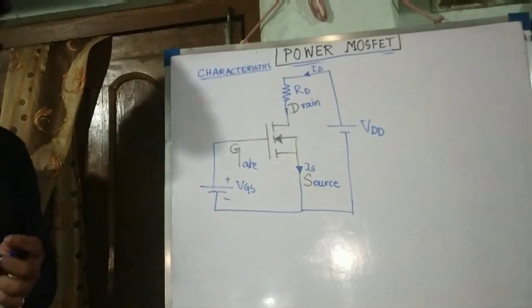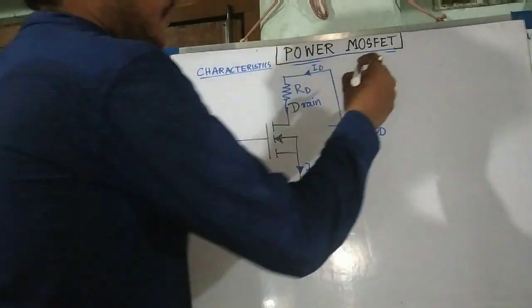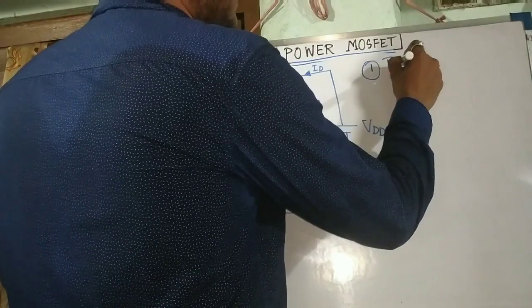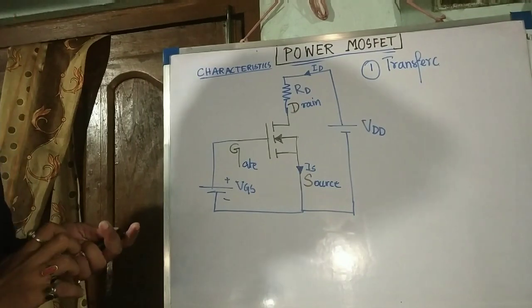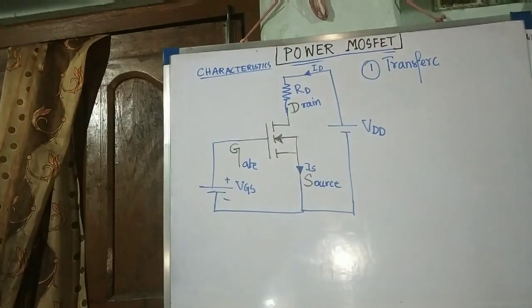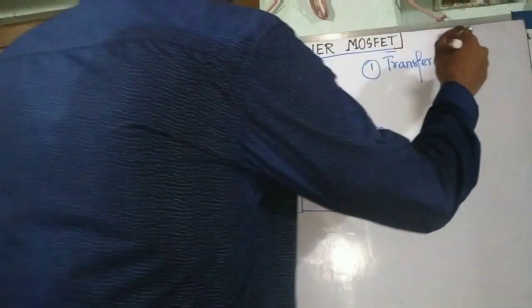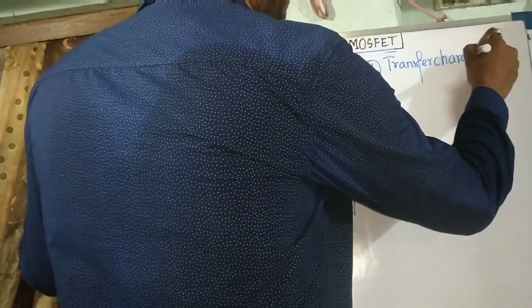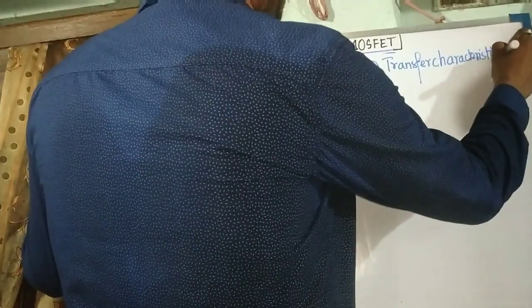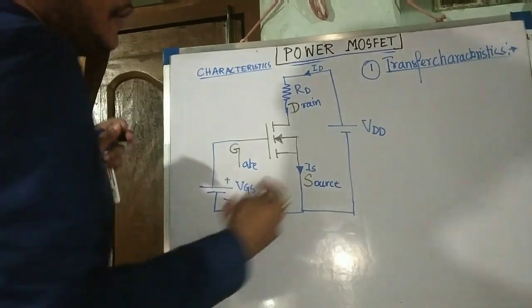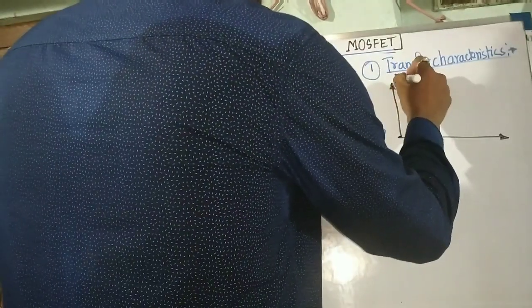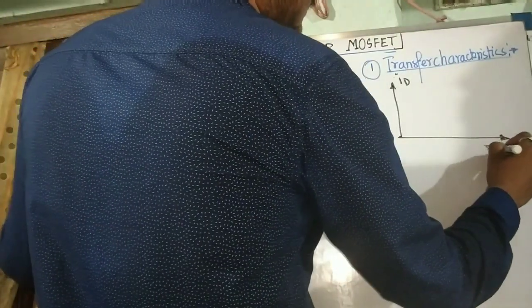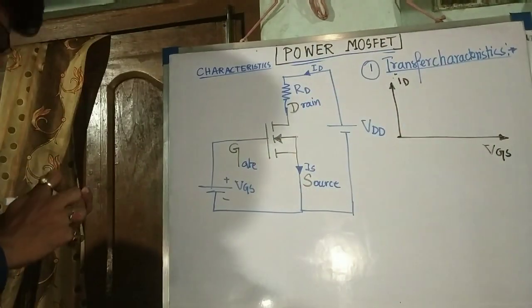Now let us see. The first characteristic is the transfer characteristics, similar to the input characteristics. The transfer characteristics is between ID, the drain current, and VGS.